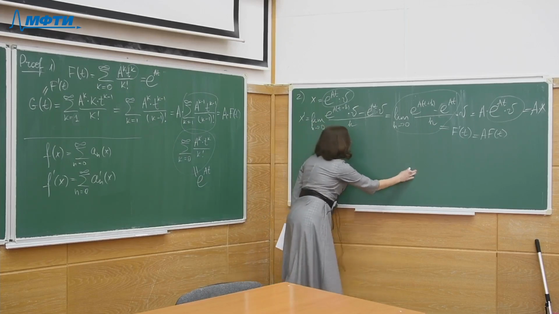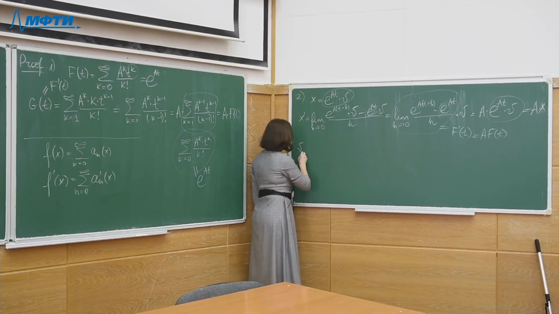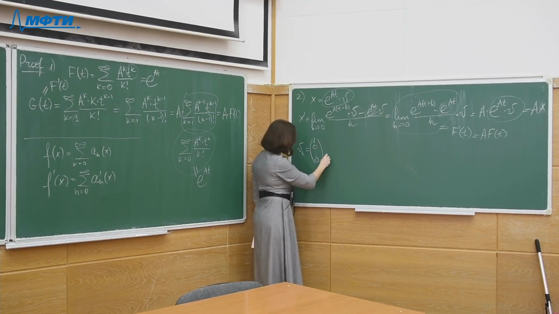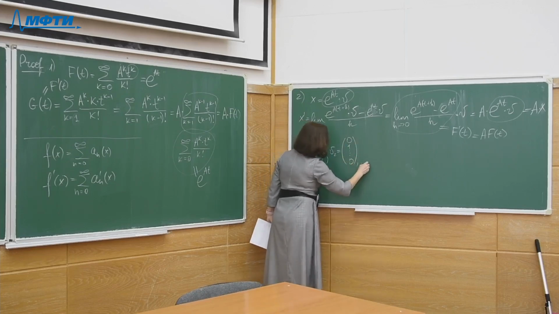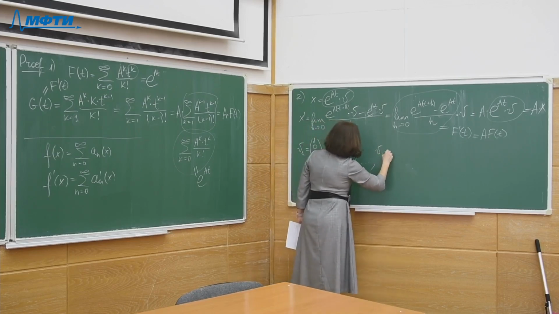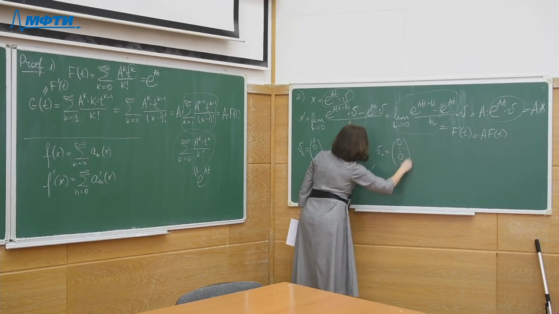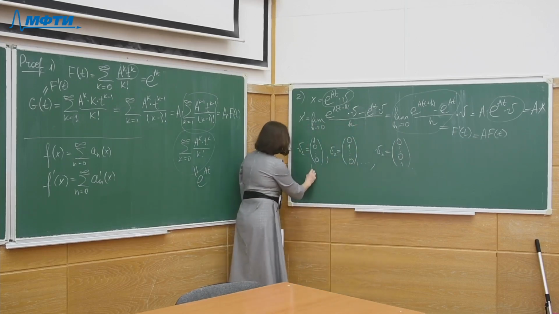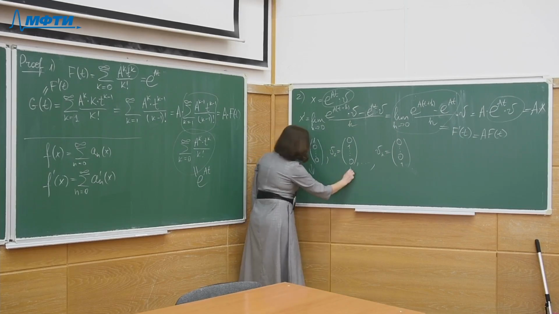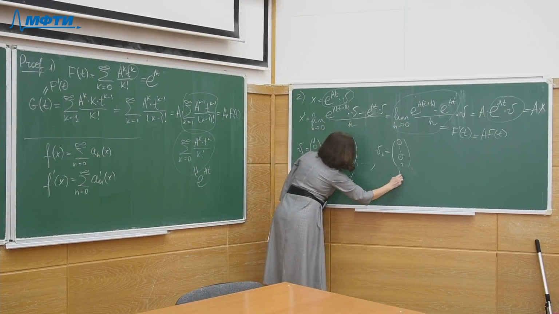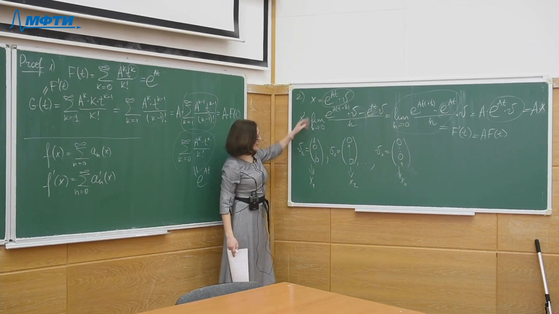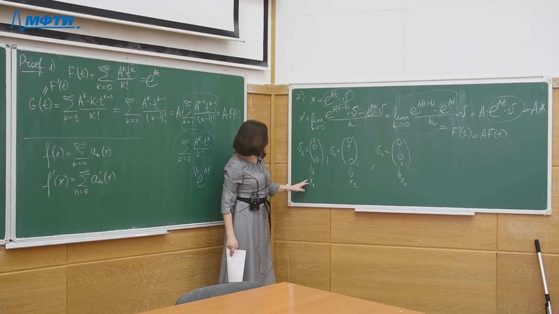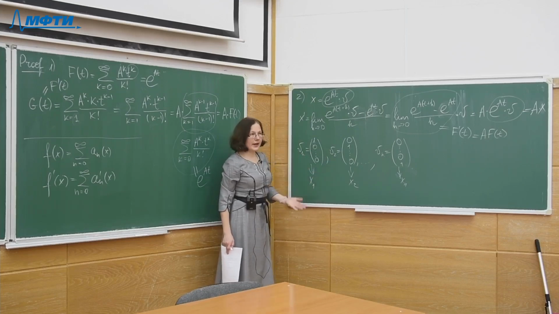And if we consider the basis vectors v1, which is equal to (1, 0, 0, ..., 0), the standard basis, v2 defined in this way, up to vn, which is equal to (0, ..., 0, 1), and find the vectors x1, x2, and so on, xn, by this formula, we will get n linearly independent vectors.